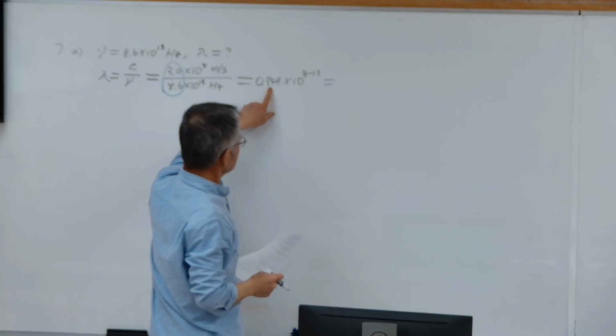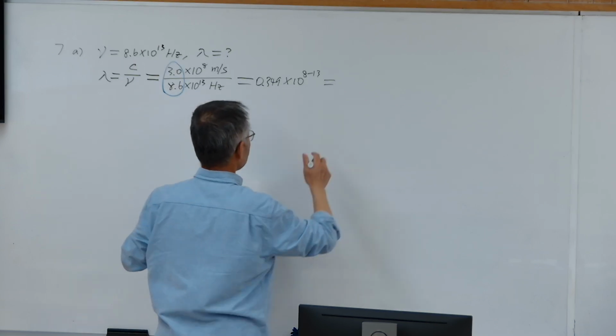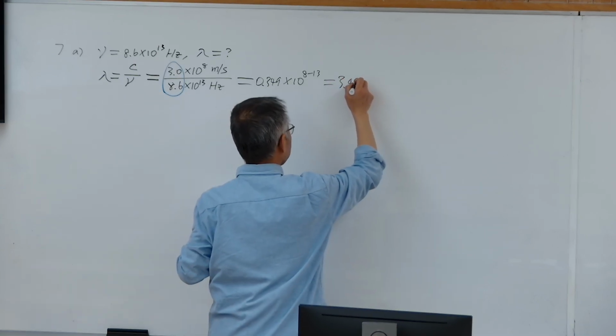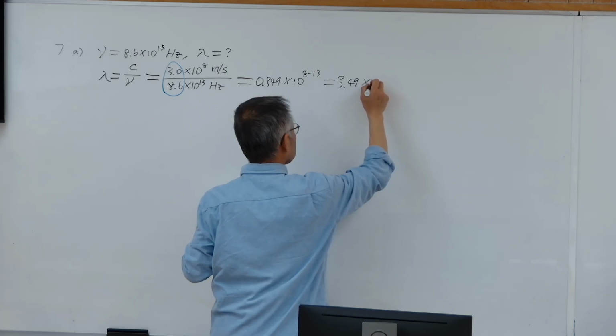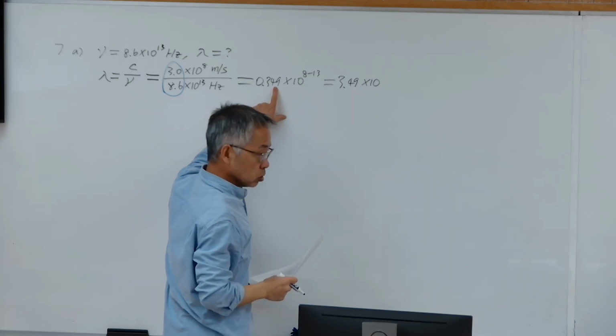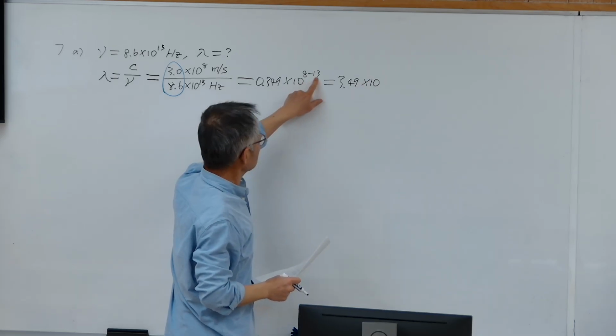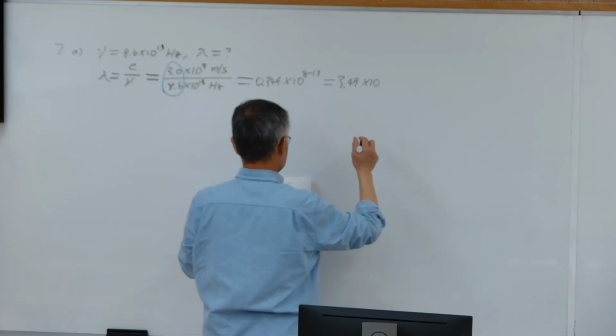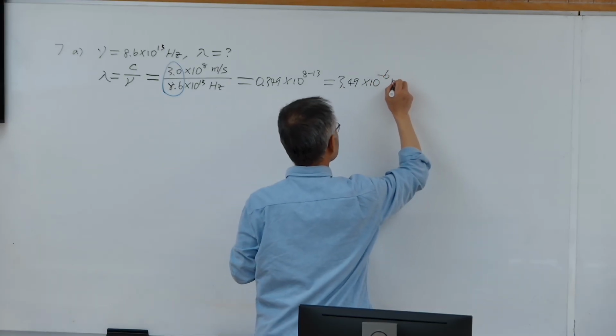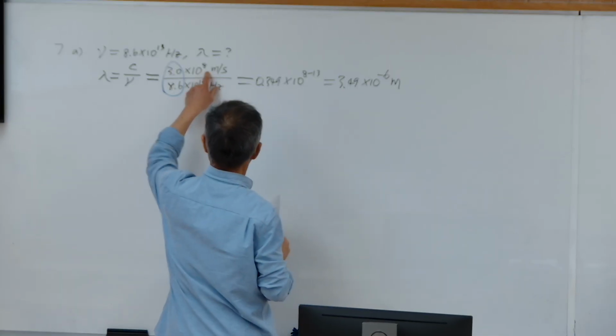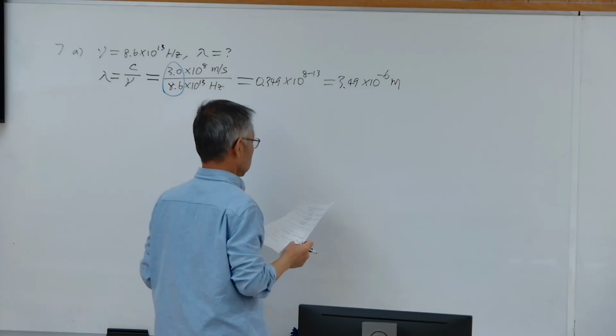But here is less than 1, so we need to use 1. So 3.49 times, you use the 1, you need a -1. So -5 minus 1 is -6. Unit is meter, as I said, per second cancels the hertz.